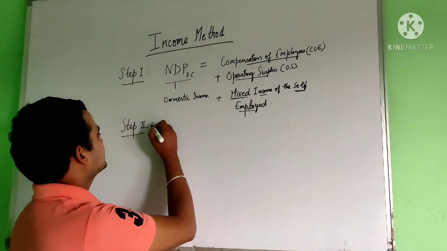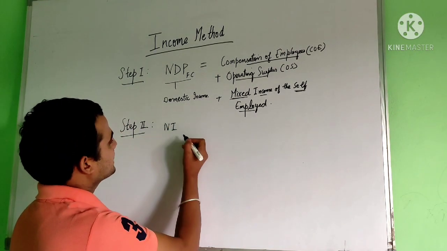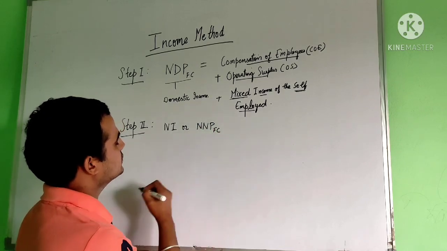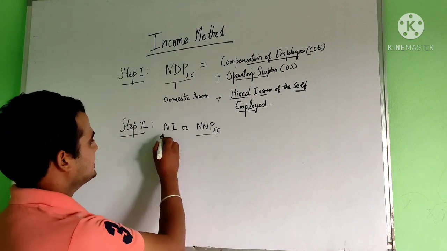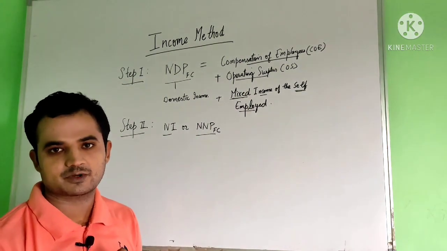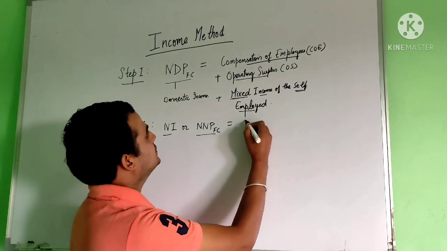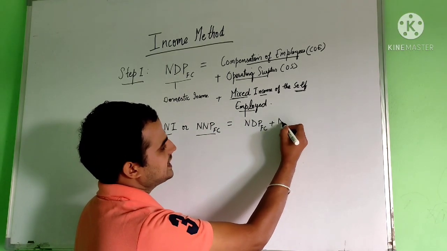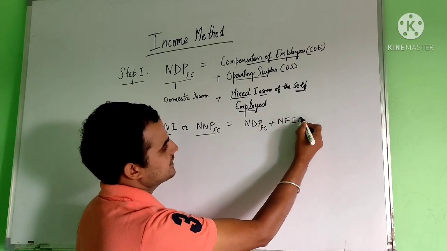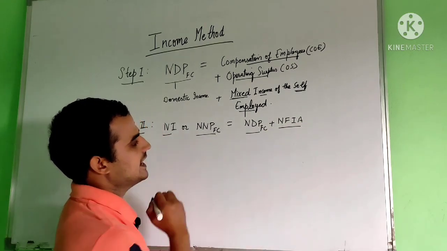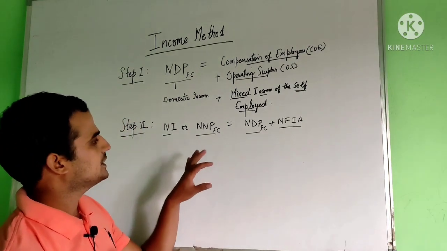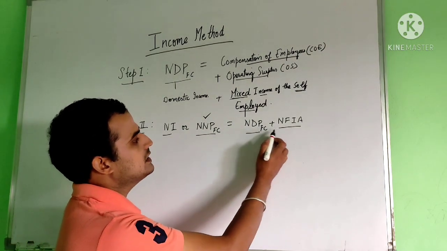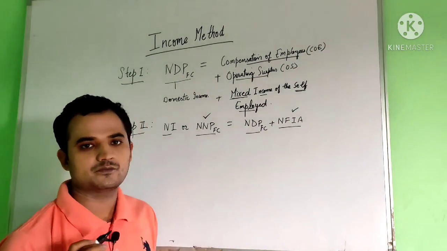Now we know that national income, or NNP at factor cost, net national product at factor cost, is simply equal to NDP at factor cost plus net factor income from abroad. So for calculating national income, you will add net factor income from abroad.